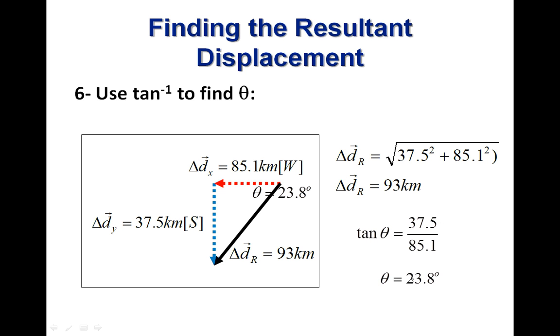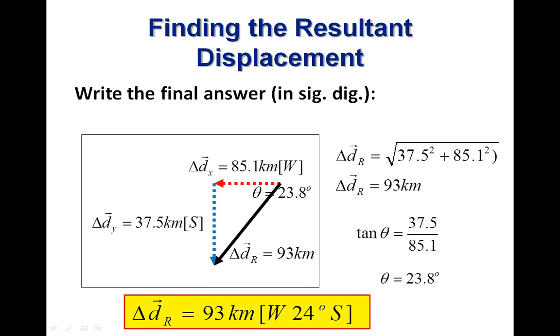And when you do the tan inverse, you get 23.8 degrees. So the overall dr is 93 kilometers west, because we're measuring from the west, 24 degrees towards the south. And we've got two significant digits because that's what we're limited to in this particular problem.